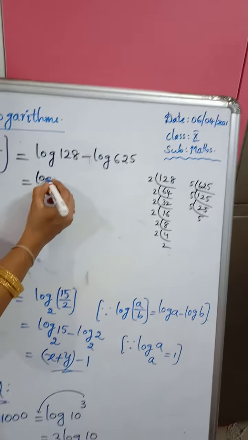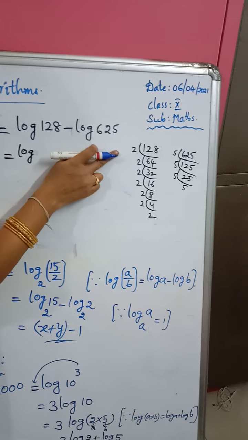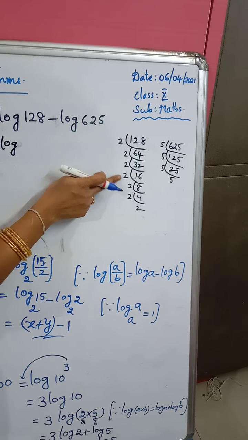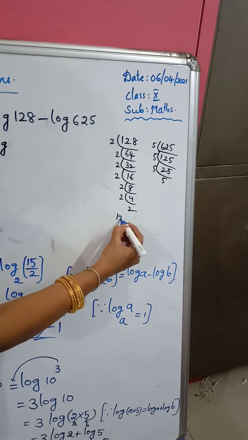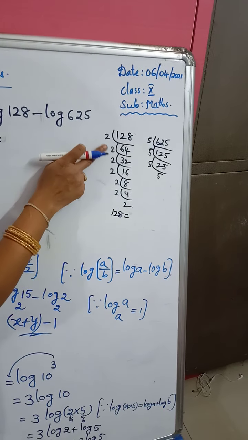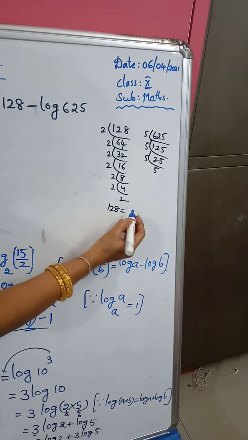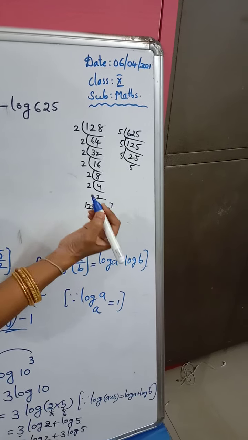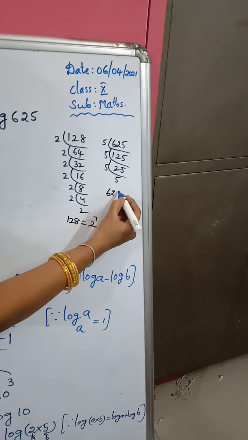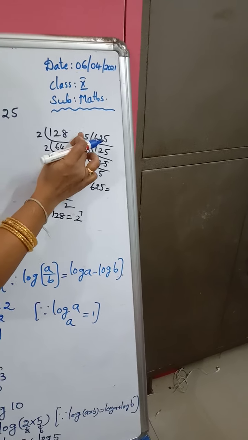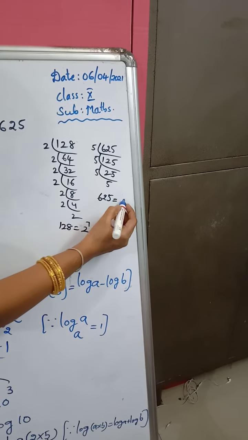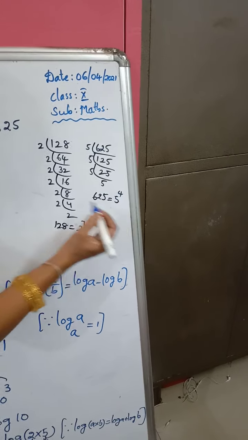Log 128 we can write in terms of 2 how many times? 1, 2, 3, 4, 5, 6, 7. So 128 is 2 raised to 7. In the same way 625: 1, 2, 3, 4, so 5 to the power of 4.